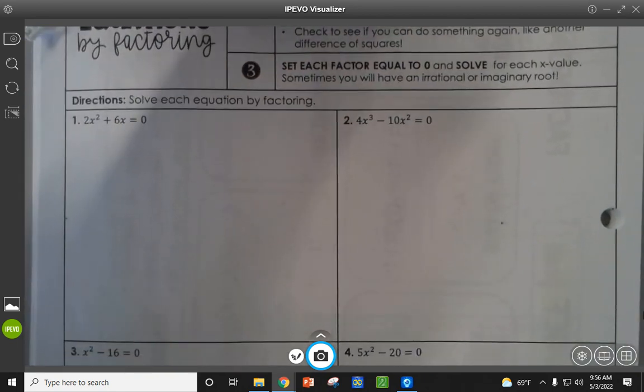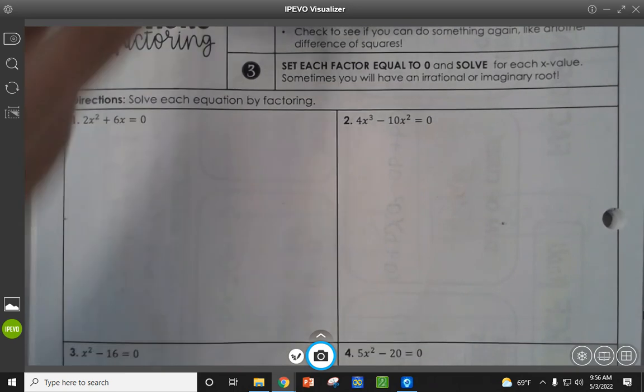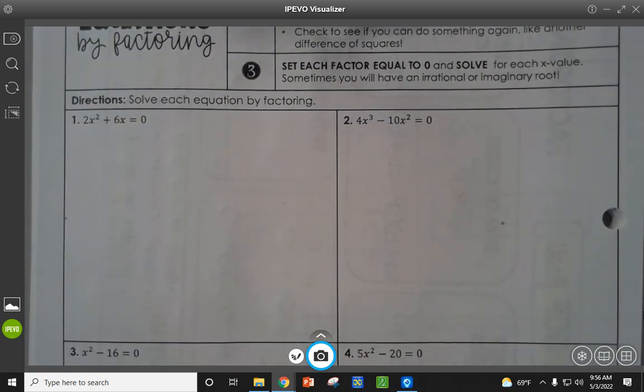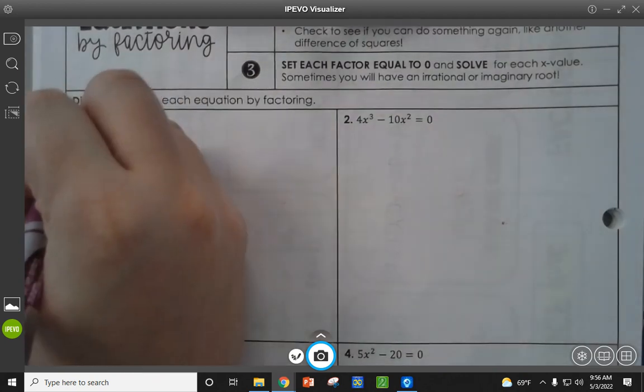So number 1, I have 2x squared plus 6x equals 0. What do I always look for first? A GCF. Does this one have a GCF? Yes. What is it? 2x.